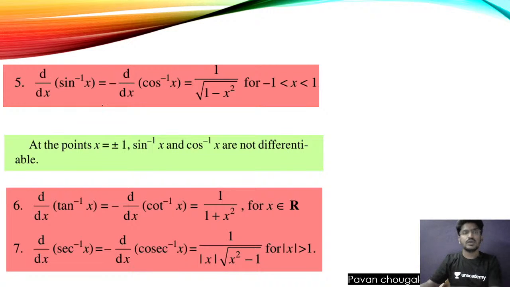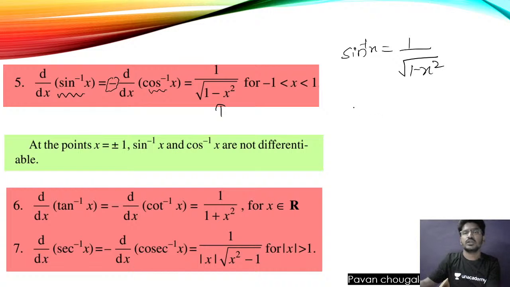Okay. Here the differentiation of sine inverse x. See this minus sign. Differentiation of minus cos inverse x is going to be 1 by root of 1 minus x square. For sine inverse x, you can write it as 1 by root of 1 minus x square.